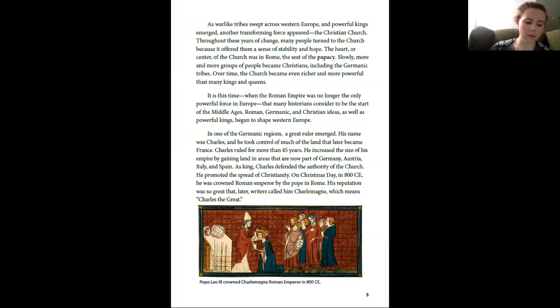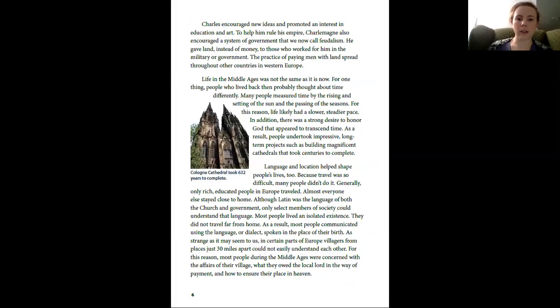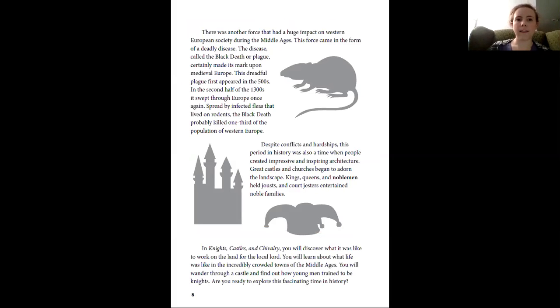This was on page 5, we found that. And then I'm also going to add that the plague, here's another event, the plague or Black Death.